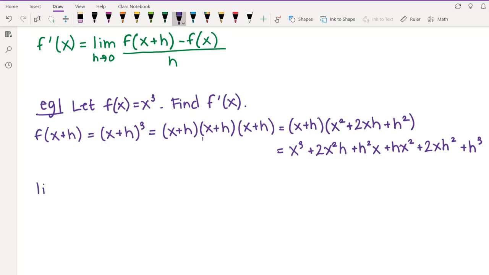So now we have the limit as h approaches 0 of f of x plus h minus f of x divided by h.